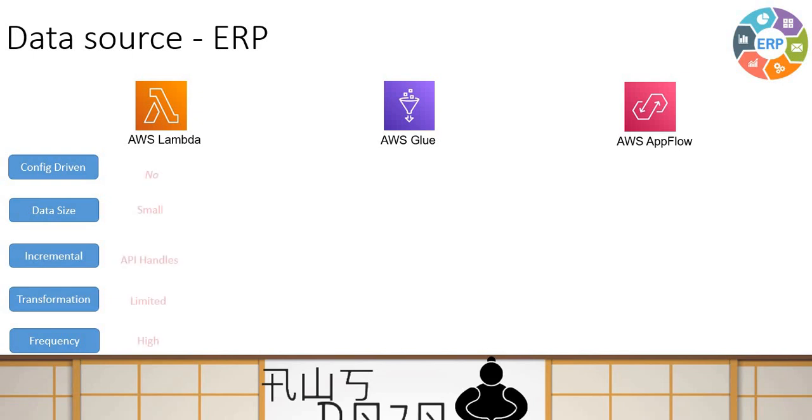So talking about the Lambda function, it is completely code driven, good for small data sizes, again because of the execution duration limit as well as the memory limit. It can do incremental data, but generally I would expect the API to handle the incremental data, because sometimes ERP APIs do pagination.